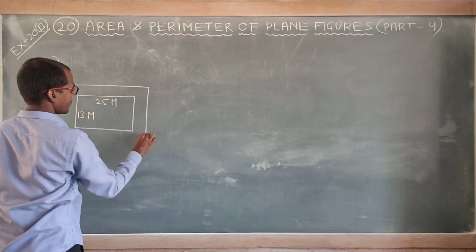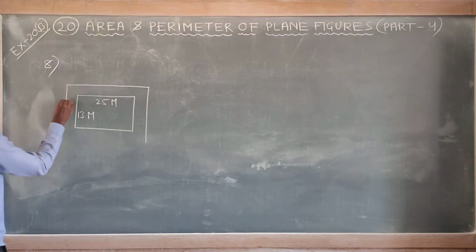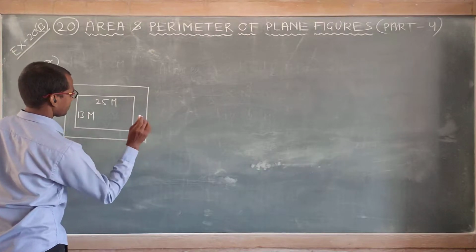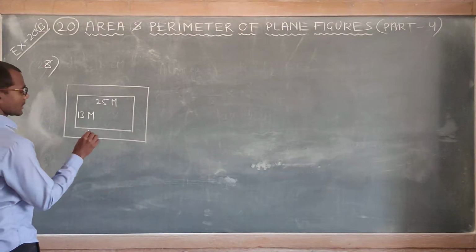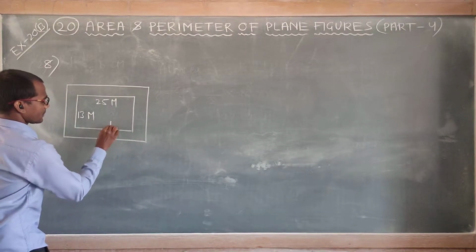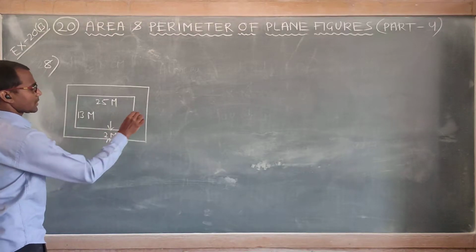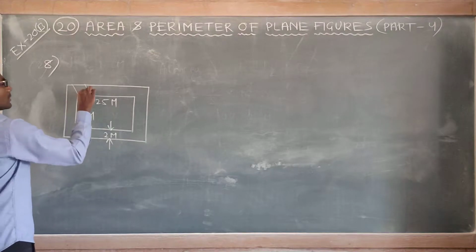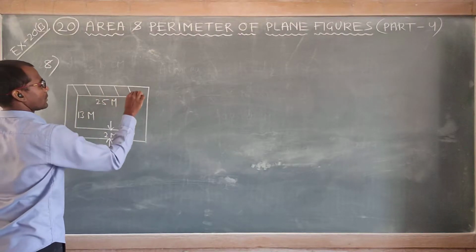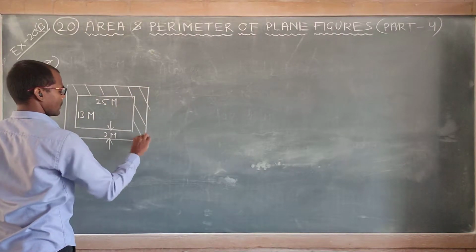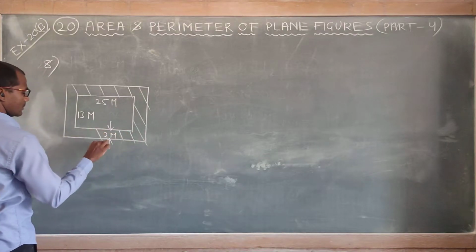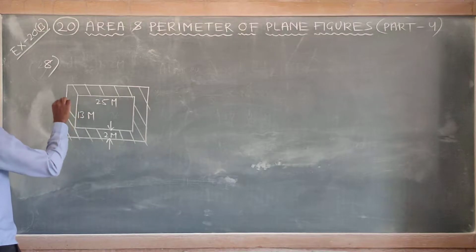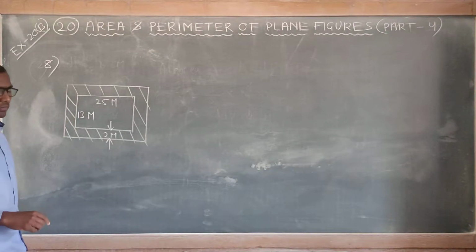Suppose this is the footpath. And this is 2 meter. Here also 2 meter, 2 meter, 2 meter. This is the footpath.